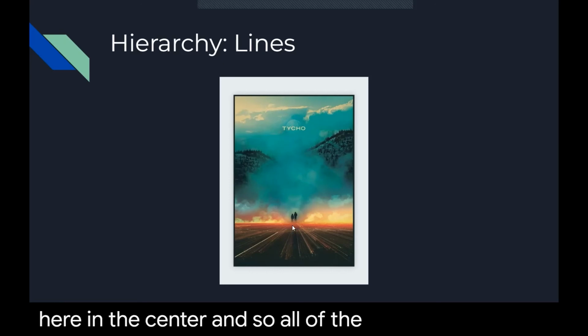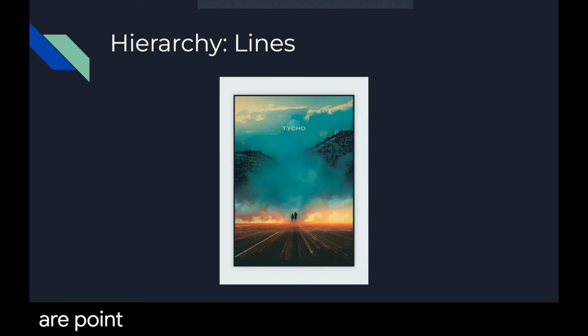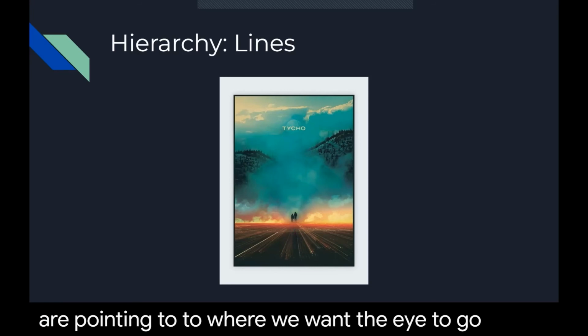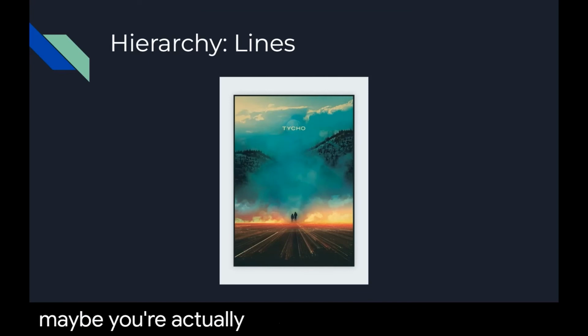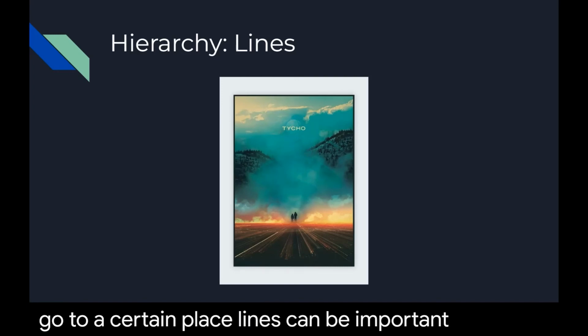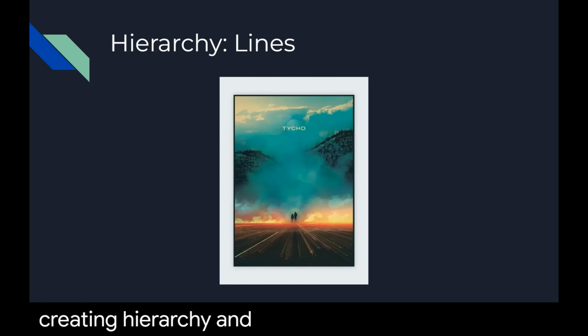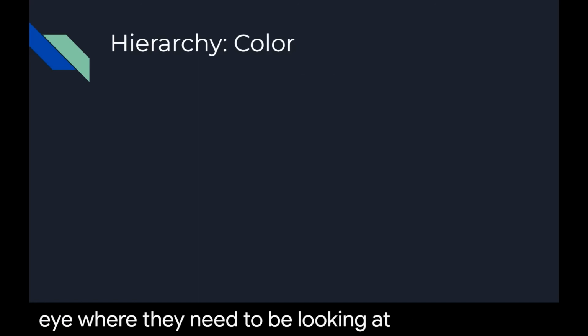And so all of the lines of the object are pointing to where we want the eye to go. So whether you're doing this through visual lines, or maybe you're actually drawing lines that allow the eye to go to a certain place, lines can be important in creating hierarchy and order because they direct the eye where they need to be looking at.